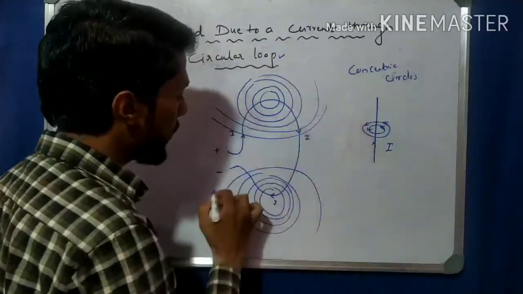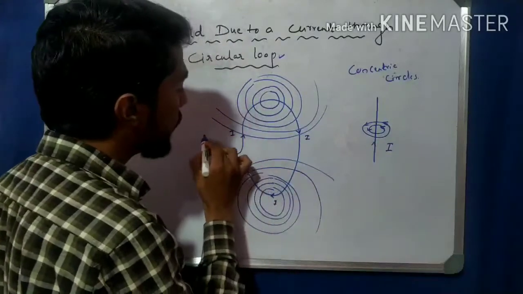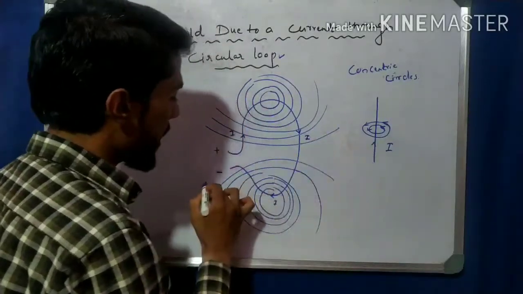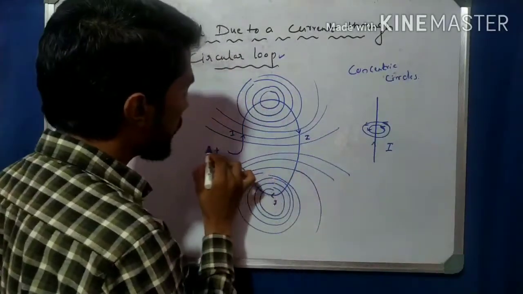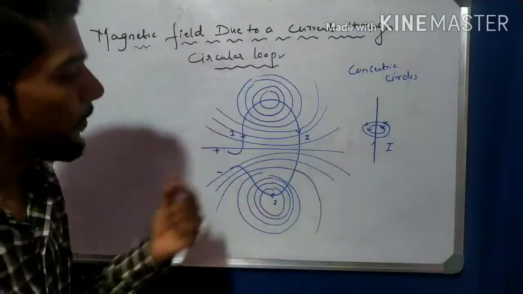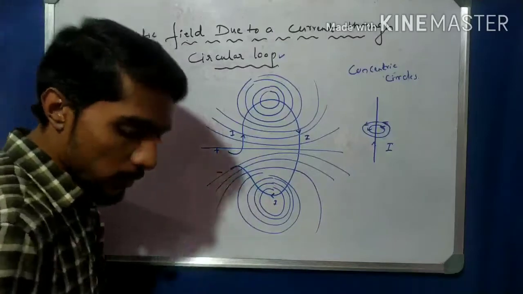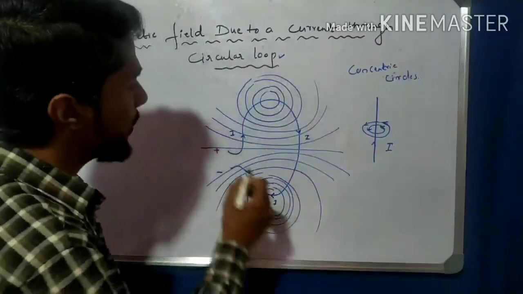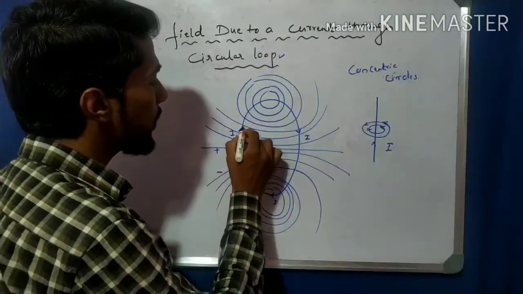When we reach the center of the circular loop, we observe that the magnetic field looks like a straight line. This is nothing but a circular loop.